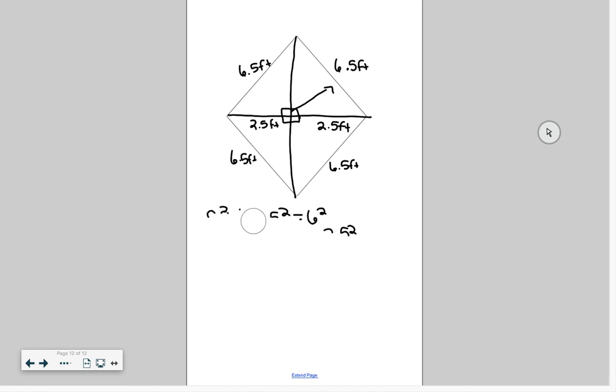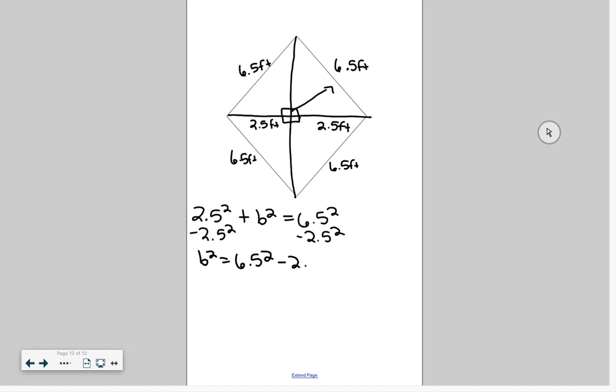I'm so sorry. So we have 2.5 squared, we'll call it b squared now, I've already written it, is equal to 6.5 squared. Subtract that 2.5 squared. B squared is equal to 6.5 squared minus 2.5 squared.